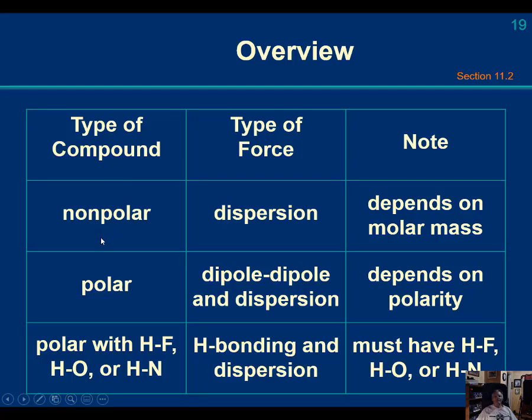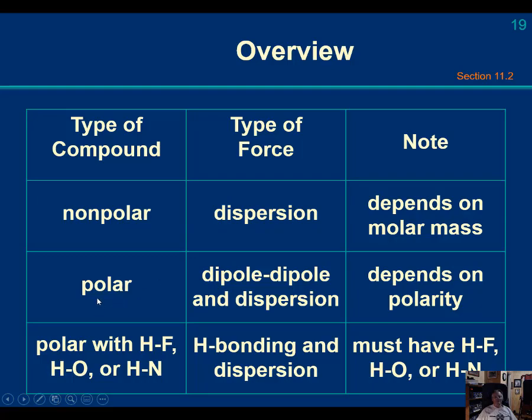If you have a nonpolar molecule, and you are supposed to know how to determine whether a molecule is polar or not from Chem 1, the only intermolecular forces are the induced dipole forces, dispersion effects, London dispersion, van der Waals forces, and note it will depend on the molar mass. The bigger the molecule, the stronger the dispersion forces.